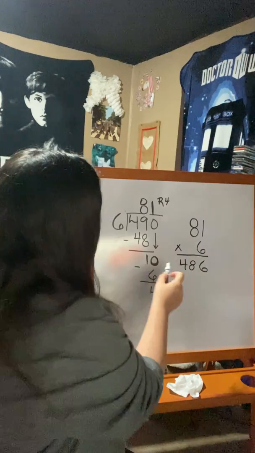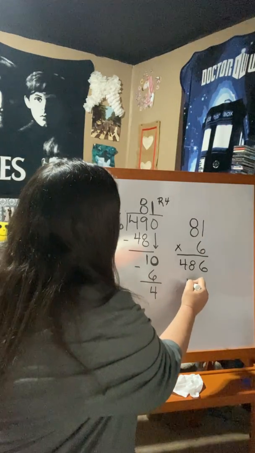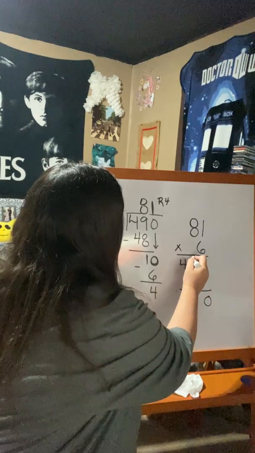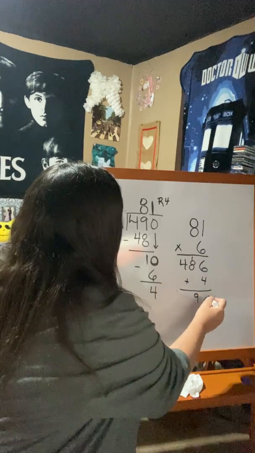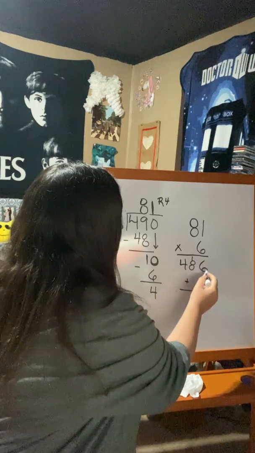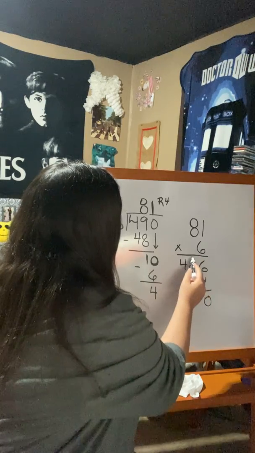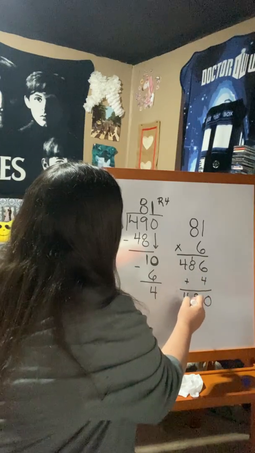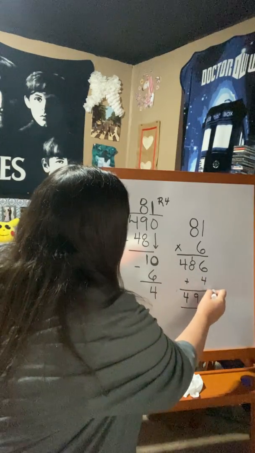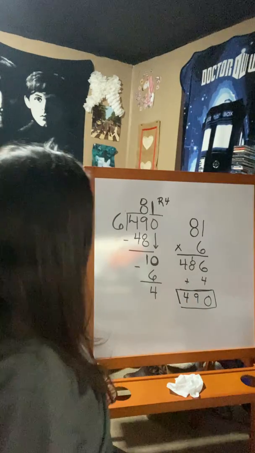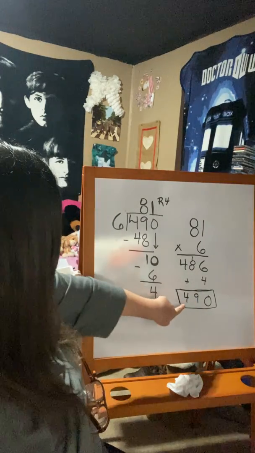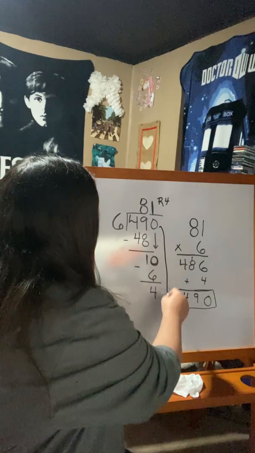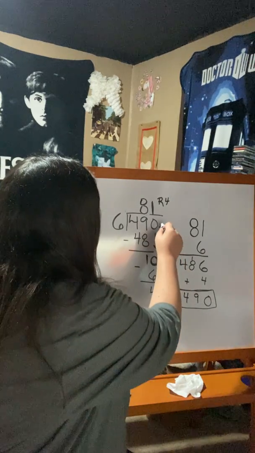So we get 486, but oh, there's a remainder right there. So let's add that on. 6 plus 4 is 10. Put a 0 down there and carry the 1. 1 plus 8 is 9. 4 plus nothing is 4. We get 490 as our answer. And look, it does match. 490 matches 490. We checked our answer.